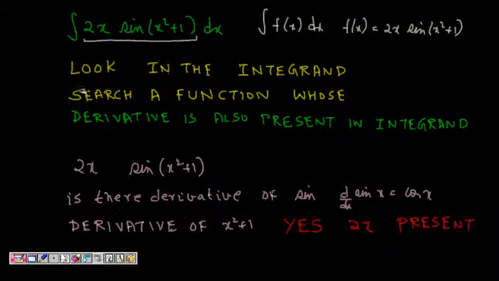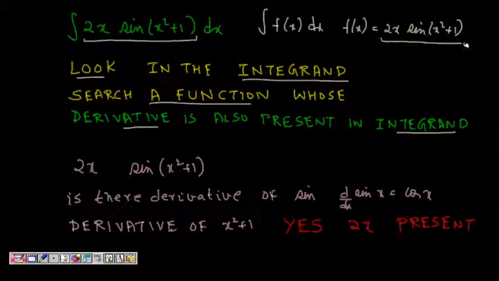Now what you have to do is look in the integrand and search for a function whose derivative is also present in the integrand along with the function. So in this integrand, search for some function where the function and its derivative both are present. What functions are present? Sine of some function is there, x² + 1 is a function, 2x is a function.